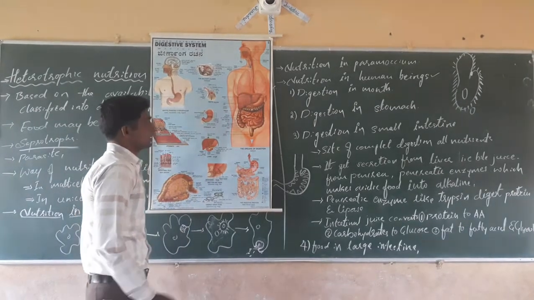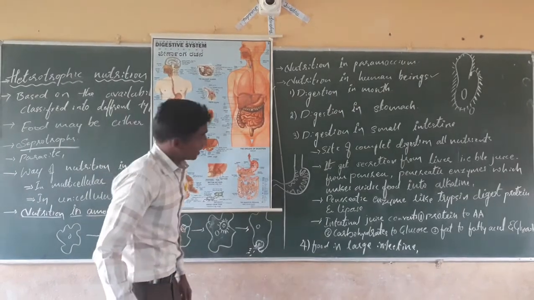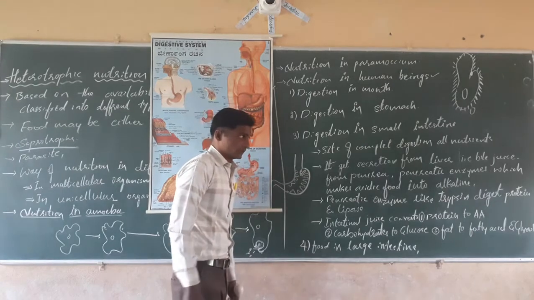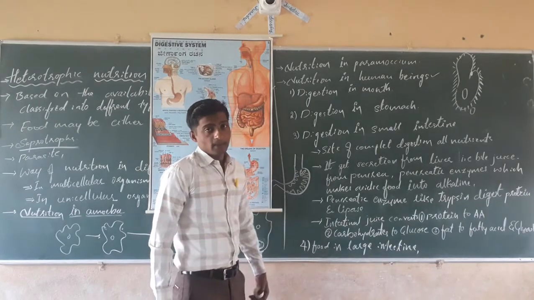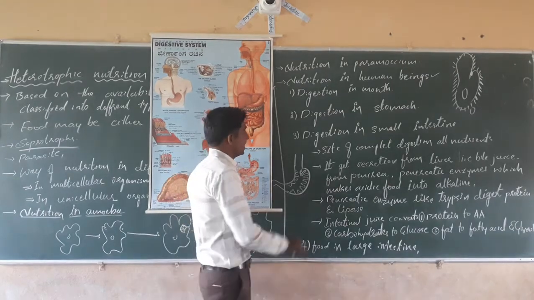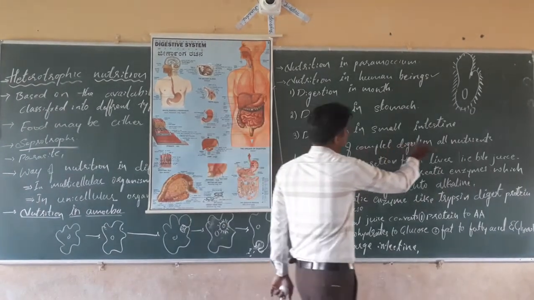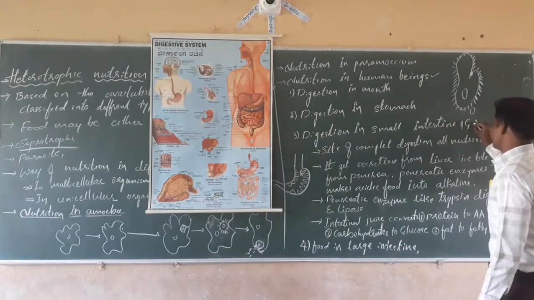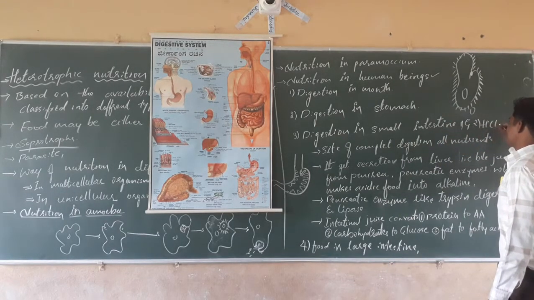Then next, dear students, in the stomach three kinds of secretions occur. The first one is gastric juice. The second one is hydrochloric acid. The third one is mucus.